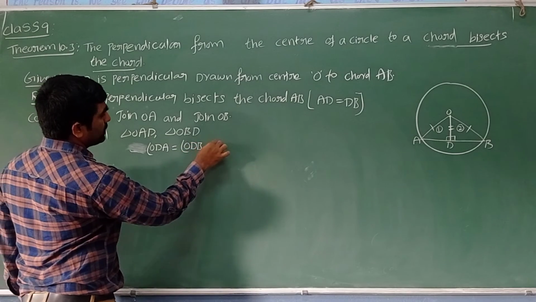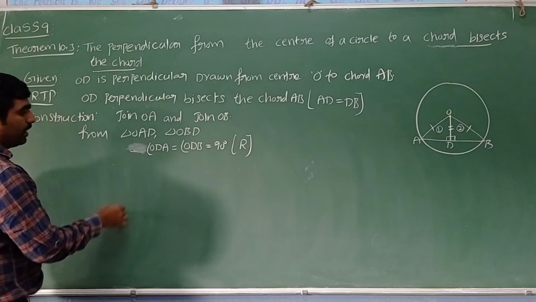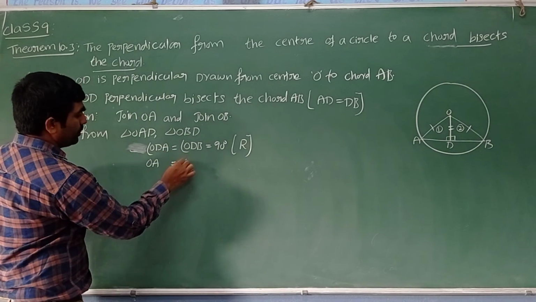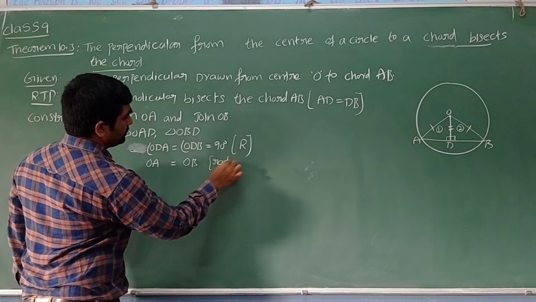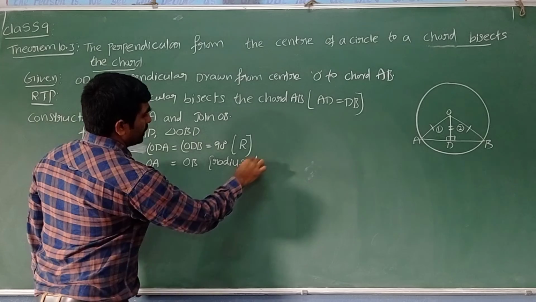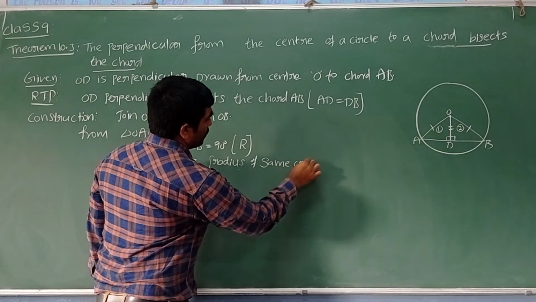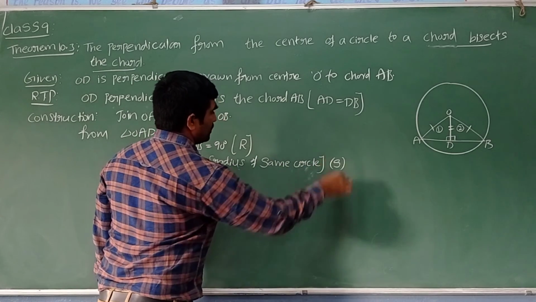How much is it? 90 degrees, one right angle equal. Next, I'll write side OA is equal to OB. The reason: they are radii of the same circle. So that side is also finished.